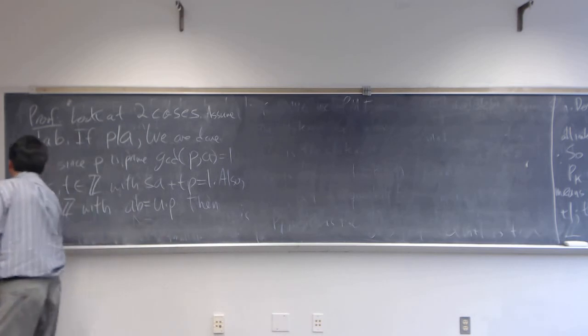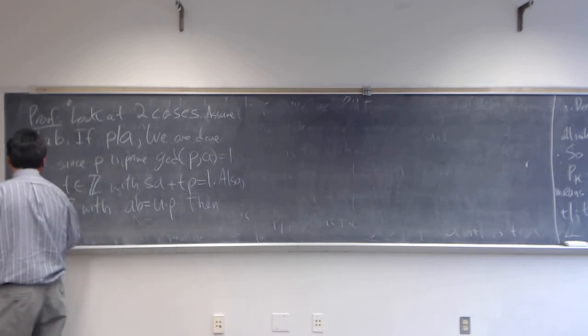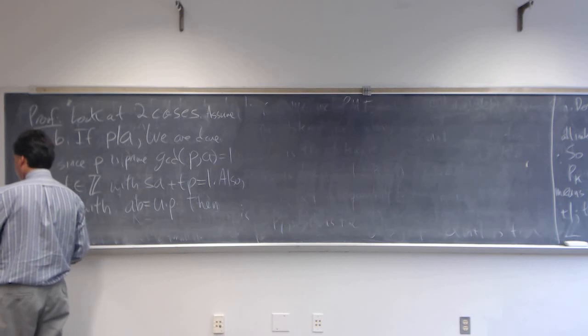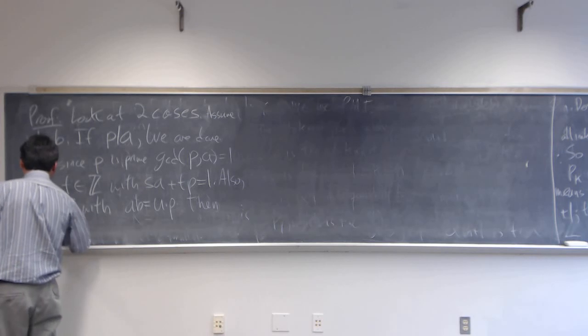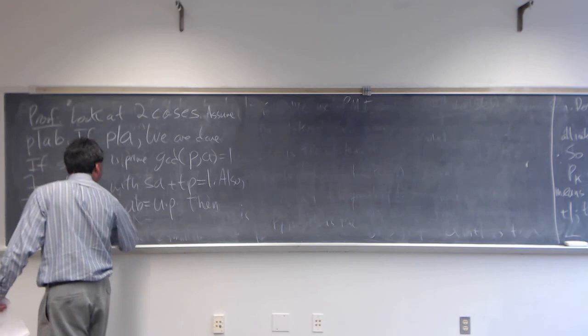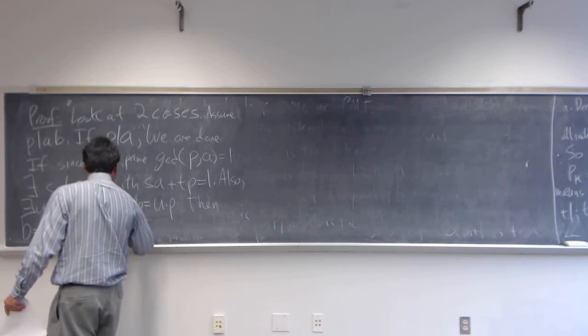Then if we look at B, what is B equal to? B is equal to, well, B times 1, B times SA plus TP.